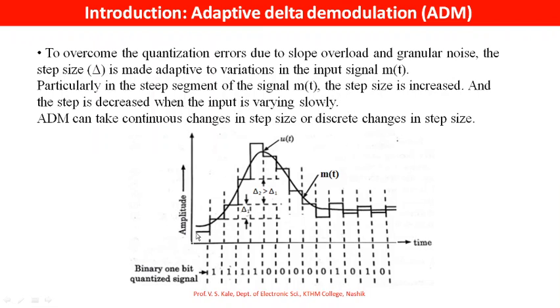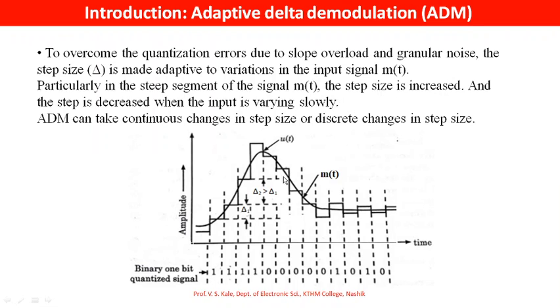Let us see here the diagram. This is the signal. Now observe the step size here, again at this place and at this place. You will observe the step size is changing. Here delta 2 is greater than delta 1.